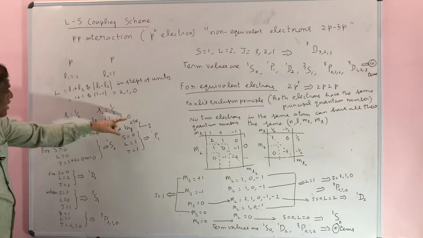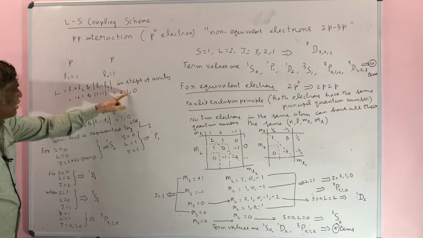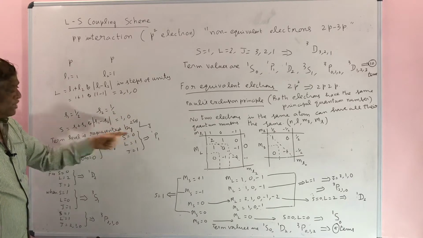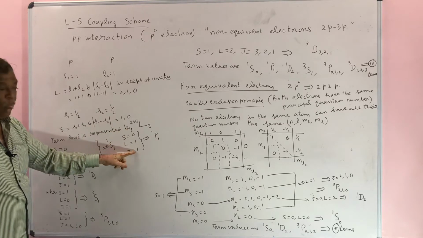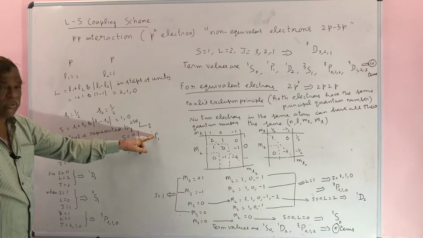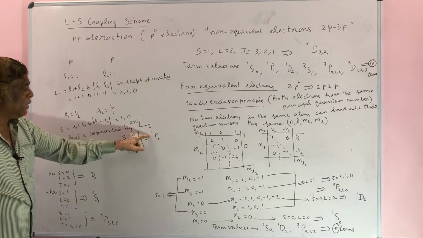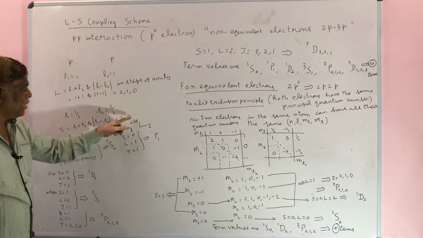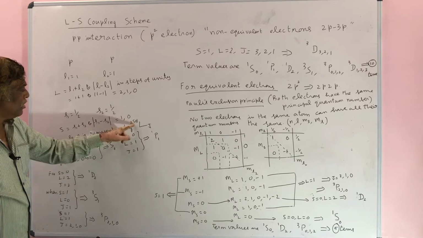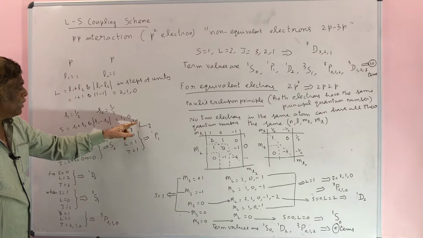Now similarly for the same S equal to 0, L is equal to 1. What is J? J is equal to L plus S to L minus S. There is only one value, which is 1. L equal to 1 is a P state. The multiplicity of this level, 2S plus 1, is again 1 since S is equal to 0.